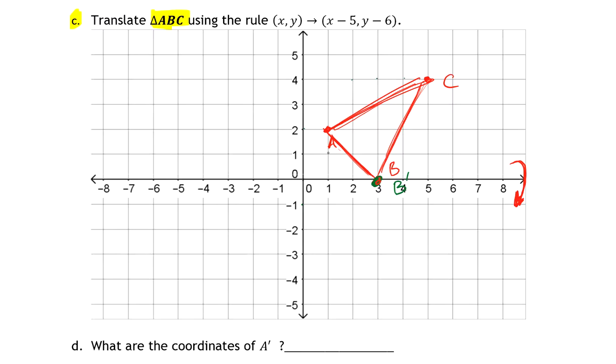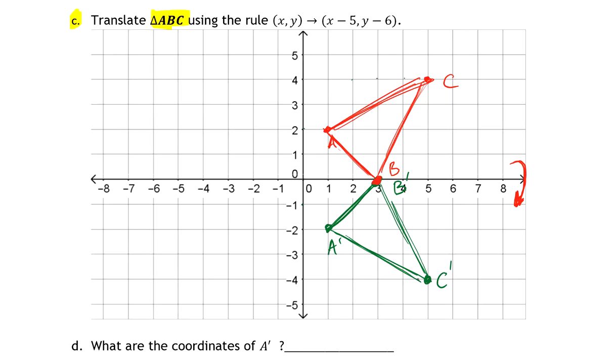A was up 2 units, now it's going to go down 2 units. So here's A prime. And C on this line where x was 5 went up 4, now it's going to go down 4. So here is the new C prime, right? So I now have this new triangle that's a reflection of the original triangle across the x-axis.